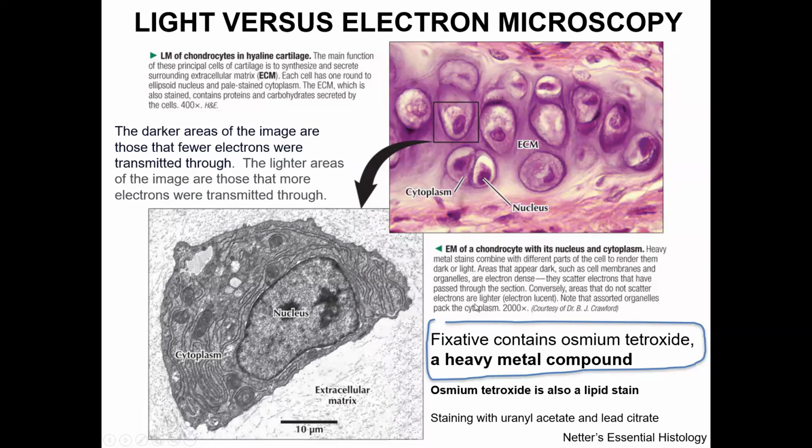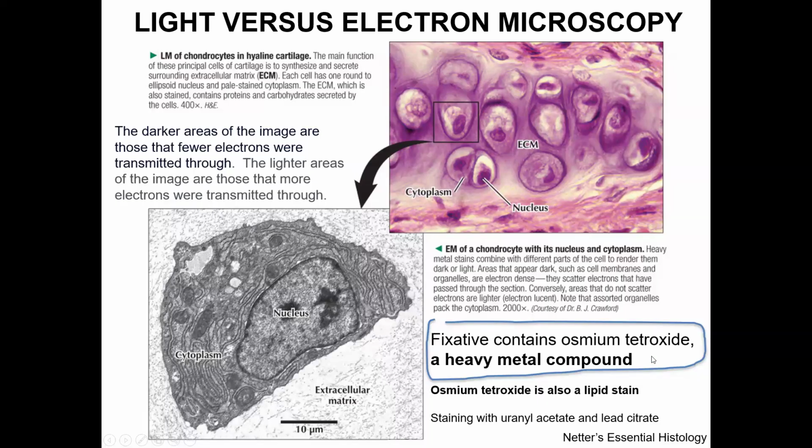And I am telling you that the fixative, in this case, has to be much stronger than the fixative used in light microscopy. It contains osmium tetroxide, which stains the lipids and is a heavy metal compound.